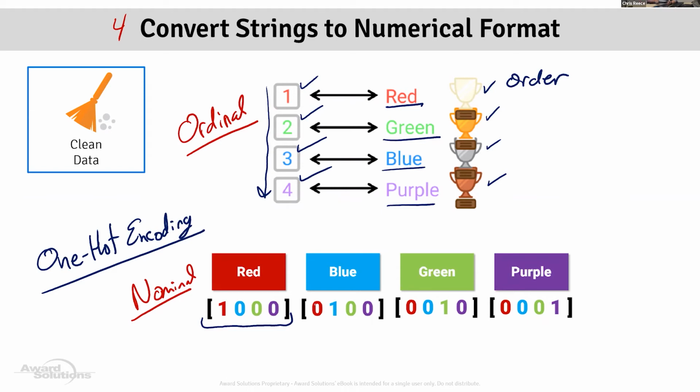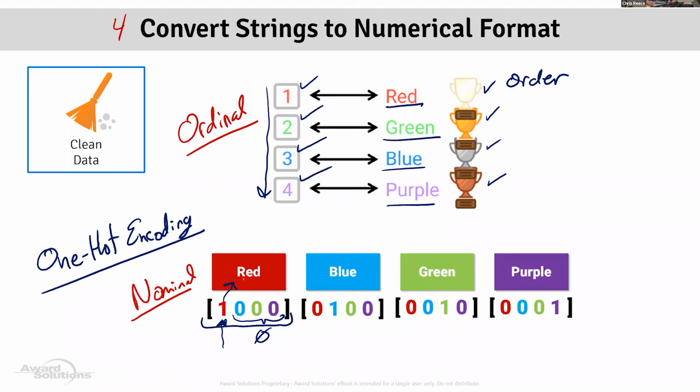So in this case, I've got 4 colors, 4 members of the array. The reason it's called one-hot encoding is because only one value is set to a 1. Everything else is set to a 0. And the one value that's set to a 1 corresponds to the object in question.